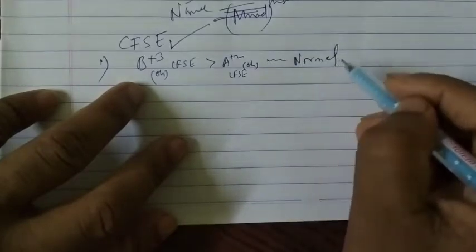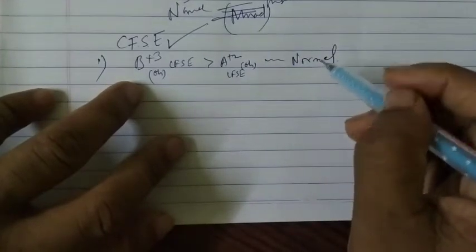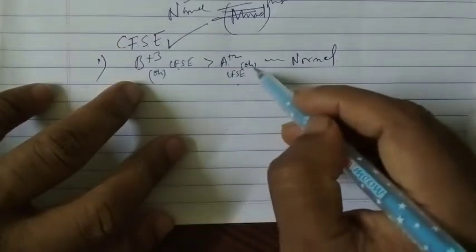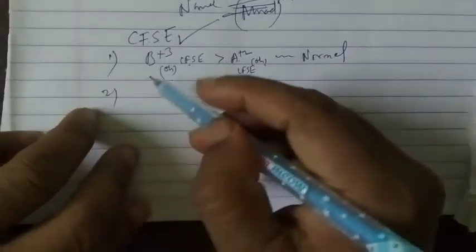So the CFSE of the trivalent ion should be greater than the divalent ion CFSE for a normal spinel. You should remember this.